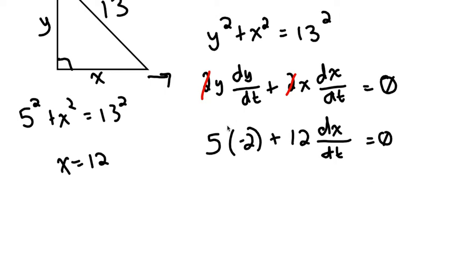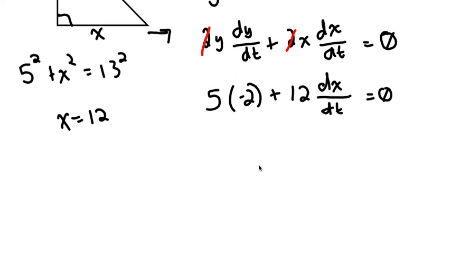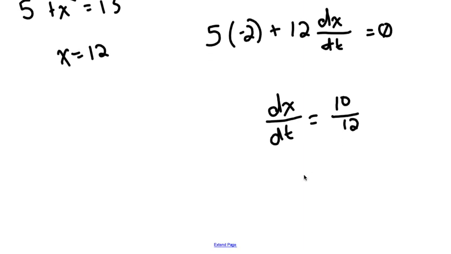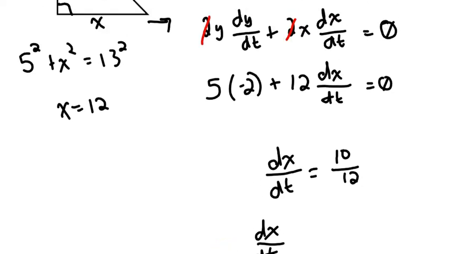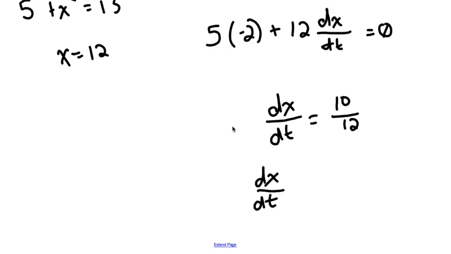Again, move stuff around, and we end up getting dx/dt is equal to 10 over 12, which rounded to 3 decimal places is going to be a positive one now because we're looking at the base of the ladder moving to the right, away from the wall.